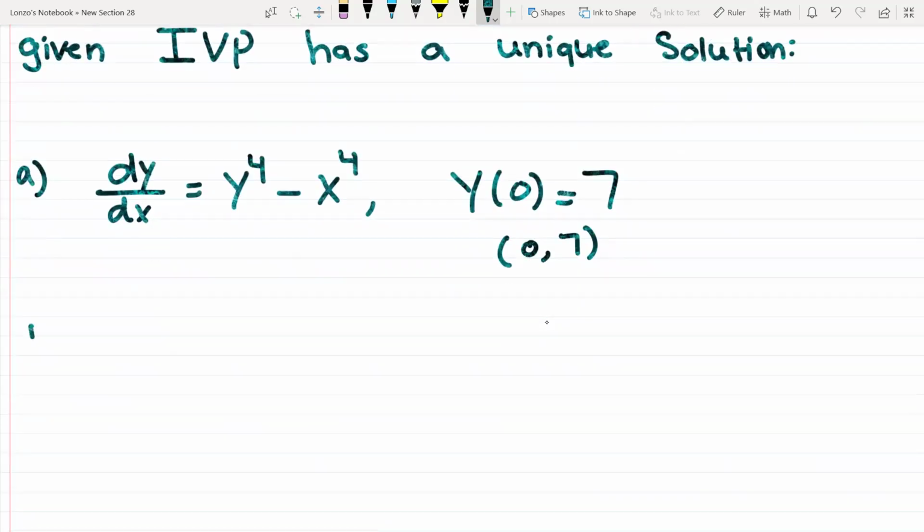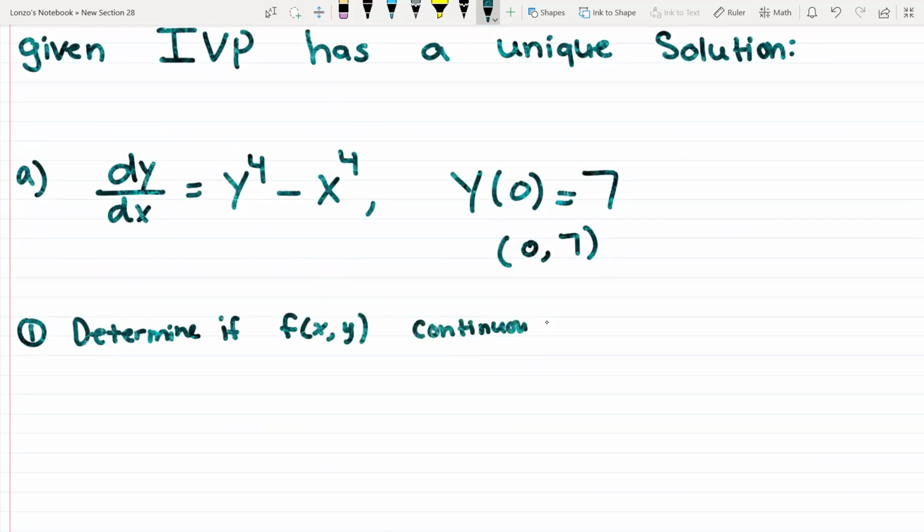So first step, check whether it is continuous when you plug in your point. So we have dy over dx equals y to the 4 minus x to the 4.